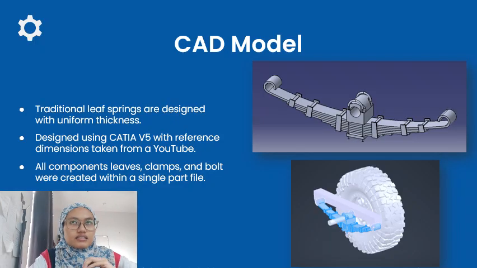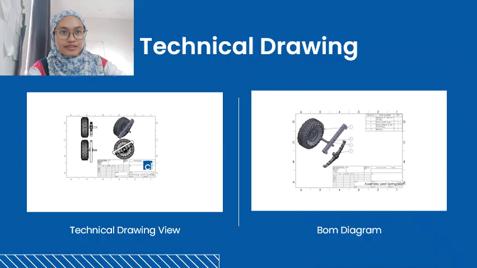All of the components, which are the leaf, clamp, and bolts, are designed in a single part file, and then we assemble the leaf spring together with the rod shaft and tire, and the tire was sourced from GrabCAD. Finally, we can export it as a STEP file and import it into Nastran for the simulation.